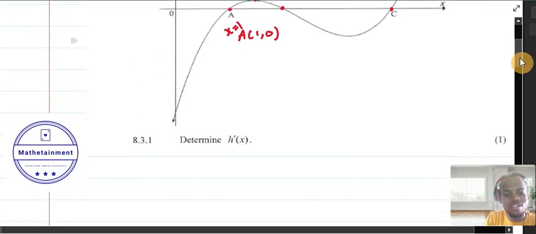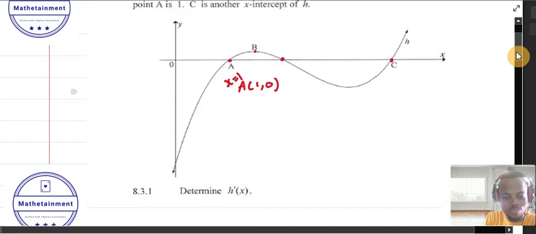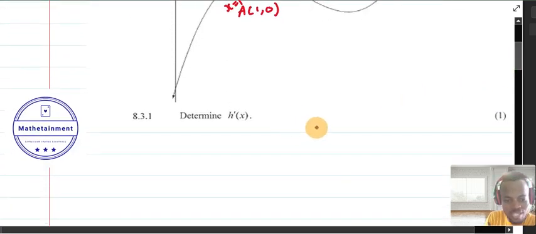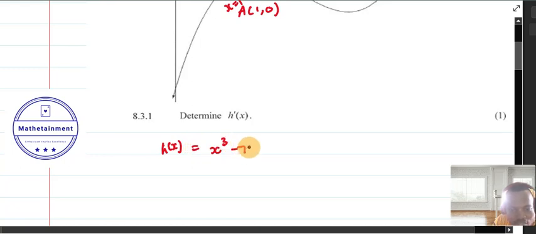From here, let's rush to the question given to us. We are required to determine h prime of x. It's just a 1 mark question, meaning there's not much work to do. It's easy, like 1, 2, 3. Let's start by writing the equation given to us, h at x equals x to the power of 3 minus 7x squared plus 14x plus 8.